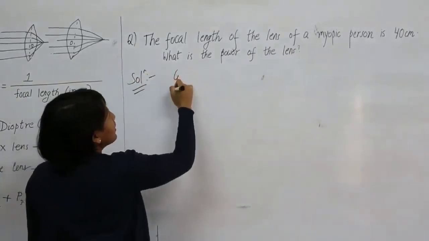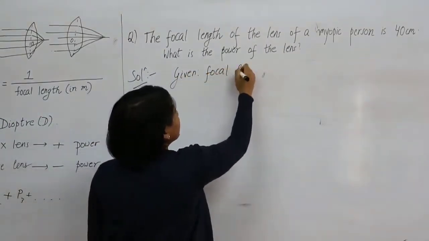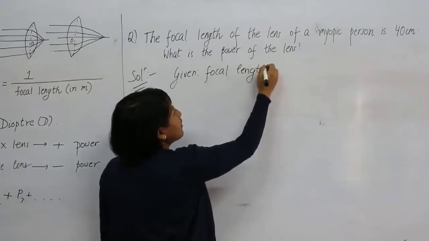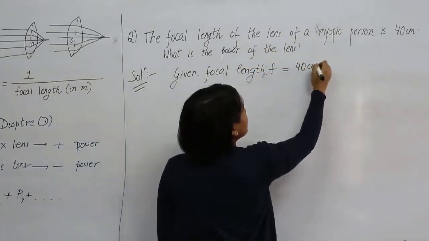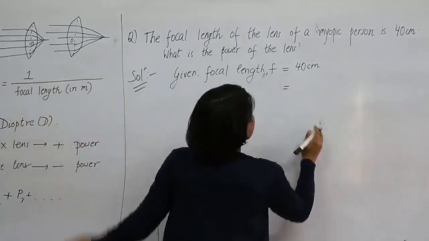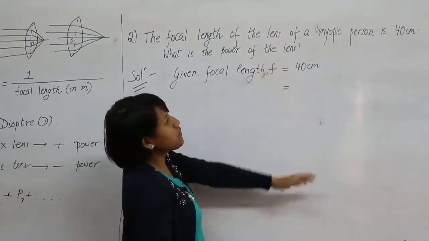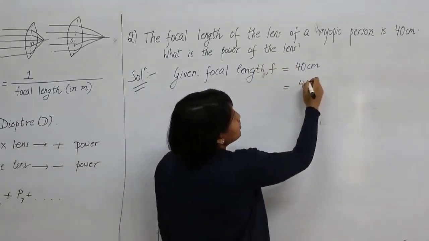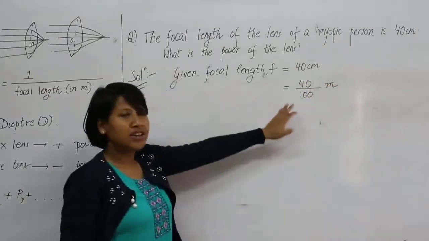Given focal length F is 40 centimeter. In the formula, focal length should always be expressed in meter. So in meter, it will be like this.